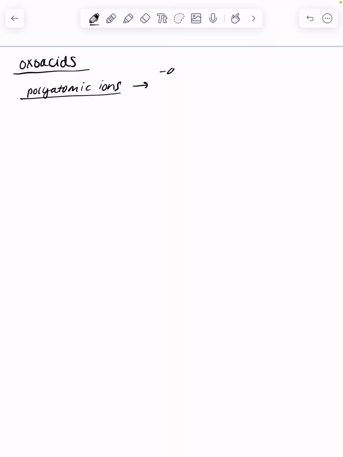Does it end in ate, like carbonate, for example, or does it end in ite, like carbonite, right? Depending on your ending, that is going to change your suffix. If your polyatomic ends in ate, it is going to change to the suffix ic, which we've already seen, plus the word acid.